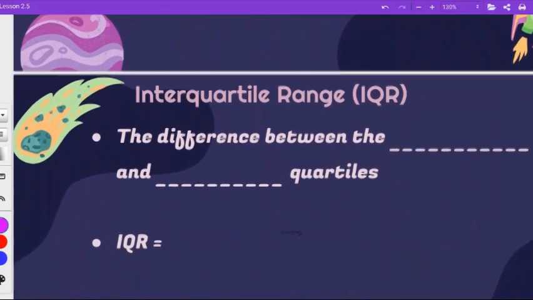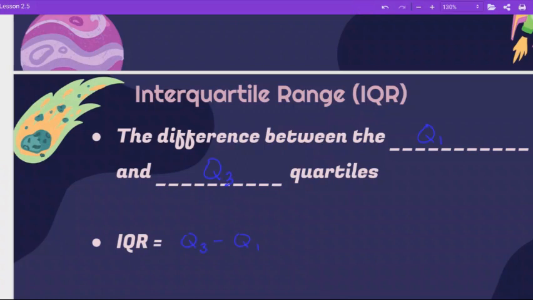And then we have what we call the interquartile range, or the IQR. The IQR is the difference between Q1 and Q3. So then we have IQR is equal to Q3 minus Q1. And so we'll practice finding that.